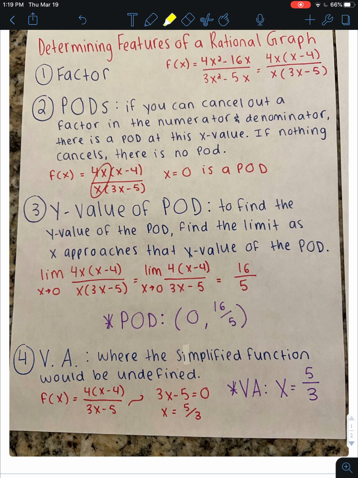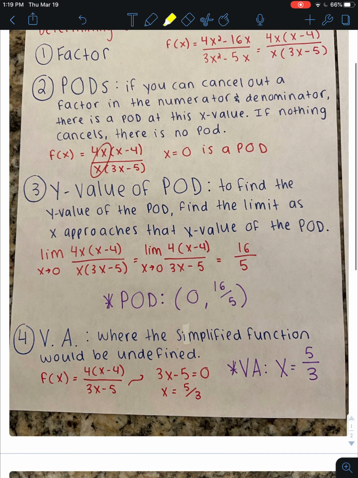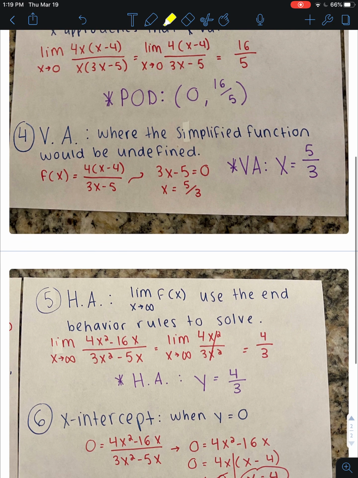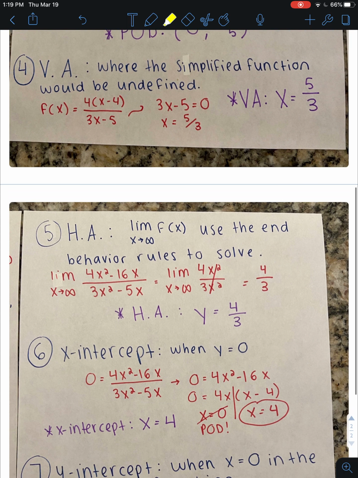And then that is your actual point of discontinuity, the x value and the y value together in that point. The vertical asymptote is basically any other value that makes the function undefined that wouldn't be the POD. So anything left in the denominator after you simplify your fraction, any values that make your denominator 0 are going to be vertical asymptotes.